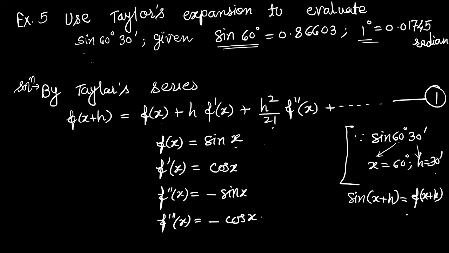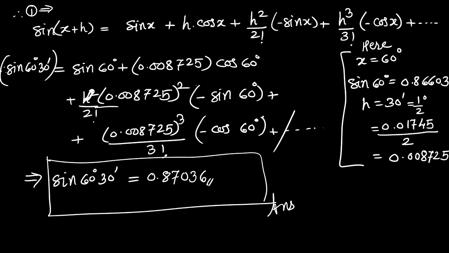Now we are interested in finding the value of f of x, and f of x equals sine x. Therefore, we consider f of x equal to sin x, then we find the first derivative, second derivative, third derivative, and then we substitute all these values in equation 1.